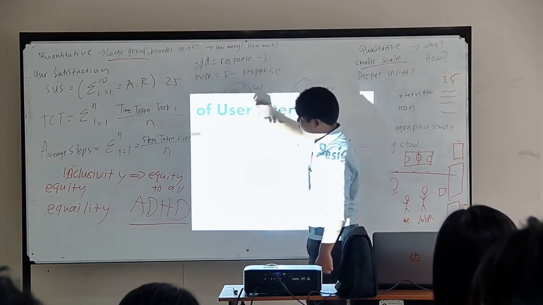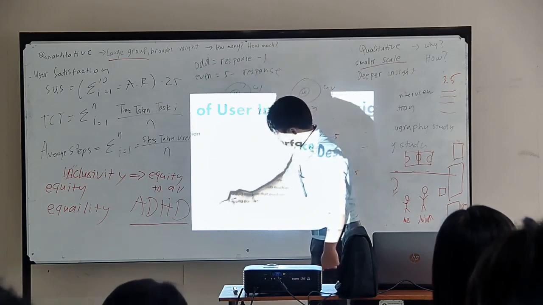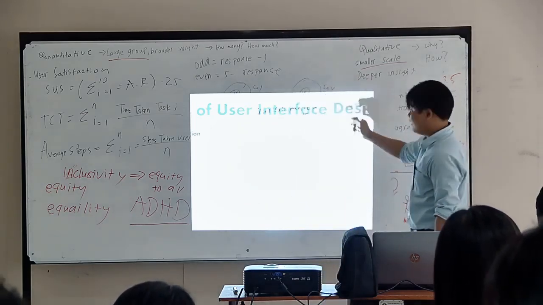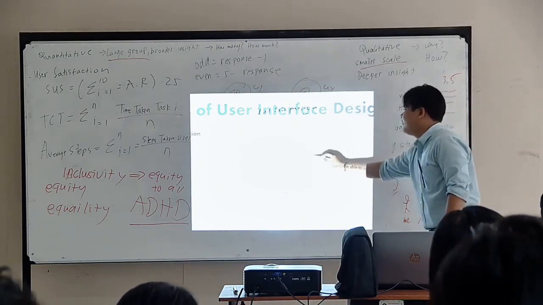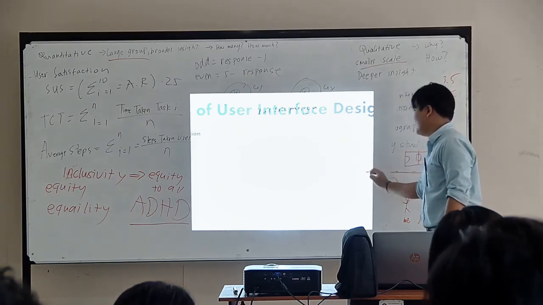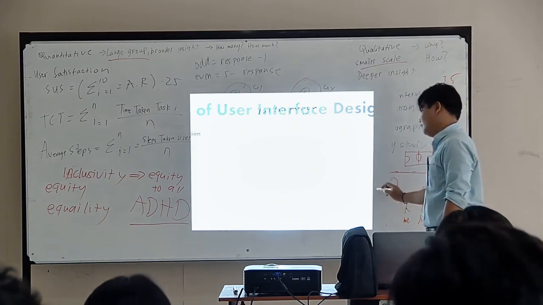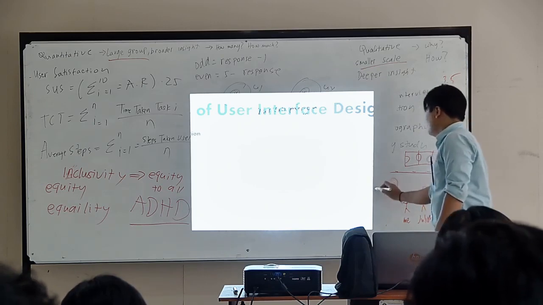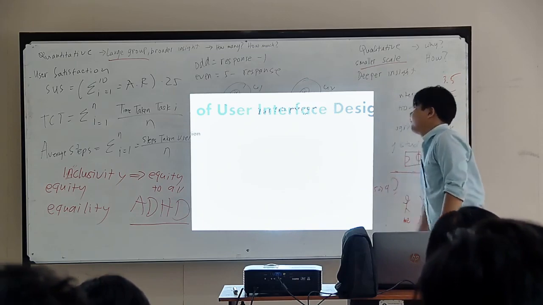Which one is odd? 1, 9. So the response minus 1. 5 minus 1? 4. And then this one? Yeah, this one, 4.